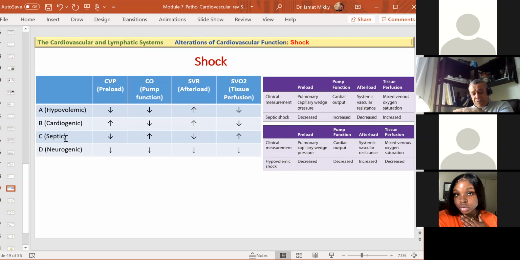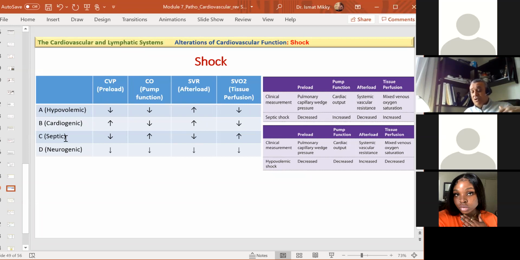All four parameters, CVP, cardiac output, systemic vascular resistance, and the SVO2, oxygenation in the veins, are significant parameters in the ICU setting, and we have tools and devices to measure them.